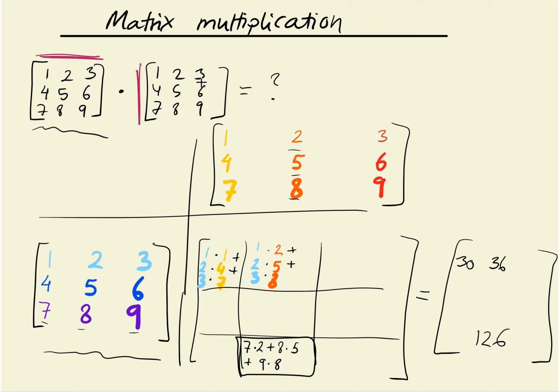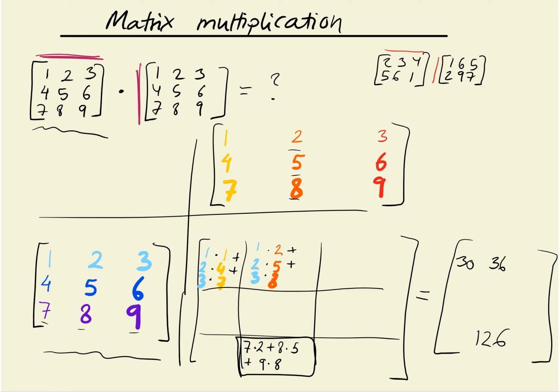Otherwise, it just won't add up. So if there are 3 columns, as is the case here, there must be 3 rows in this matrix. In other words, this over here is not a valid matrix multiplication. It can't be done because there are 3 columns here, but there are only 2 rows here.